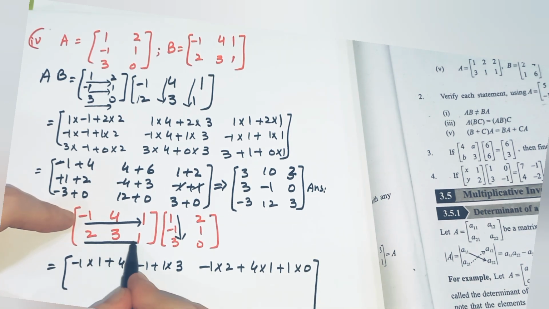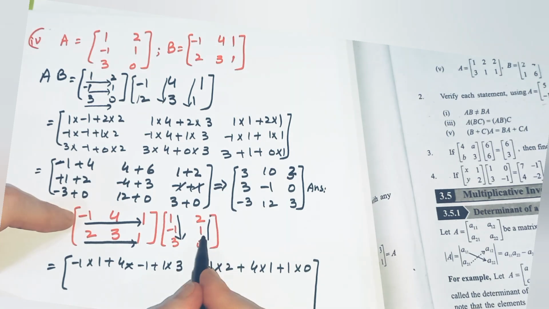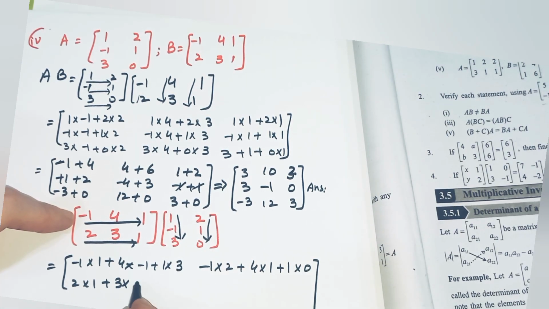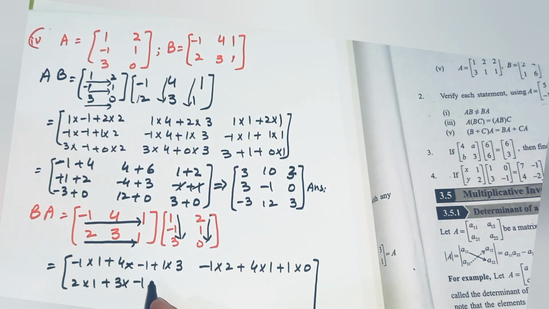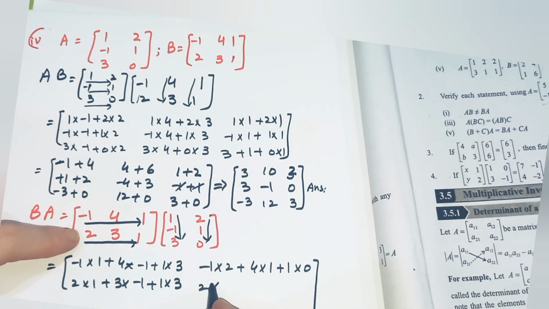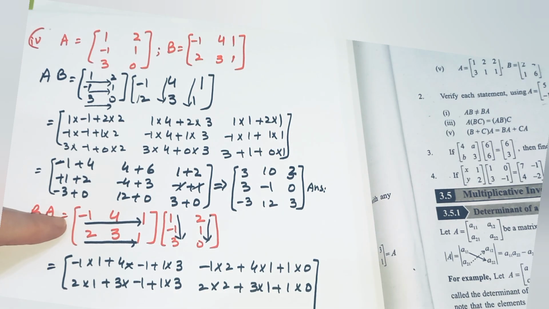Now, second row, first column and second column: 2 multiply 1, 3 multiply minus 1 and 1 multiply by 3. Now again 2 multiply 2, 3 multiply 1, 1 multiply by 0.